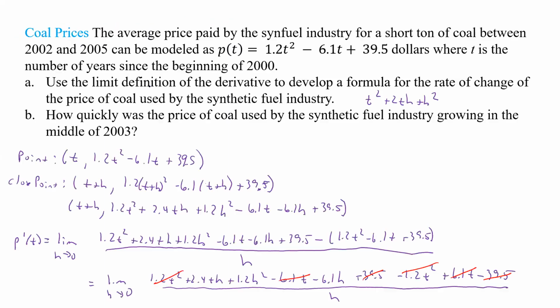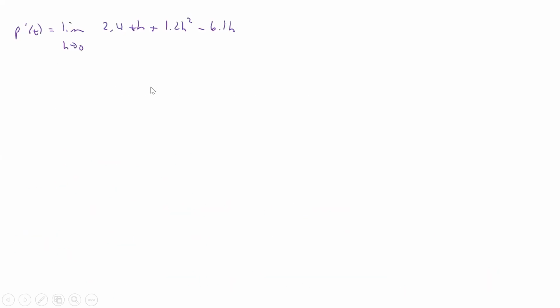And so we'll have our p prime of t is going to be the limit as h goes to 0 of, now we had the 2.4 th plus the 1.2 h squared minus the 6.1 h. And I think that was all we had left. Make sure here. 2.4, 1.2, negative 6.1 h. Okay. And that's all over h.